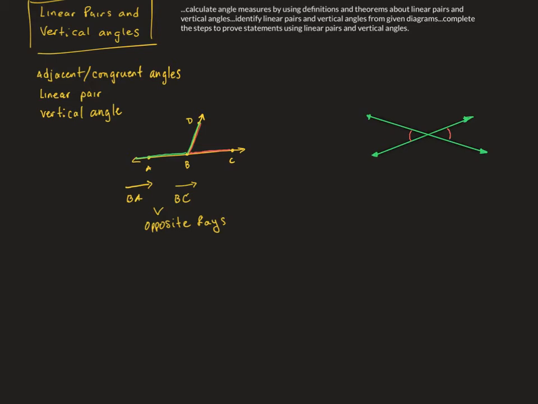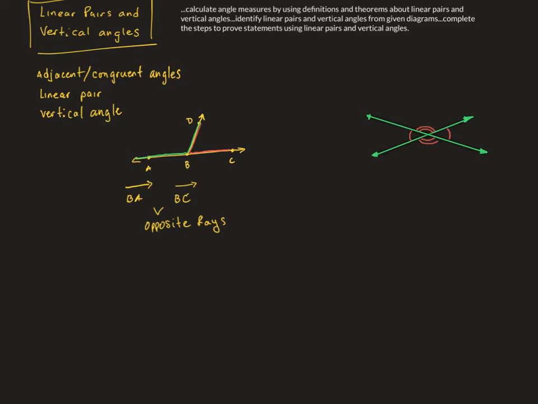They're the same. They actually create two pairs of vertical angles, because this angle is also congruent to this angle. So that's what vertical angles are: angles that are formed by two intersecting lines.